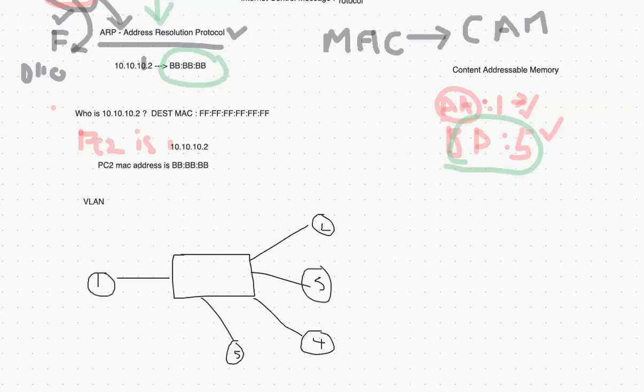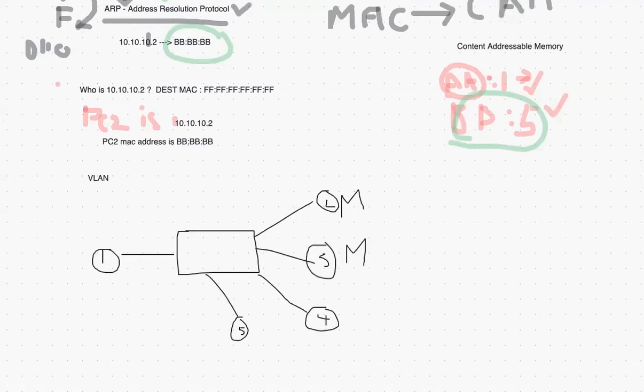So let's say PC2 is owned by a marketing user, PC3 is used by a marketing user, PC4 is used by HR, PC5 is used by accounting, and you are admin.